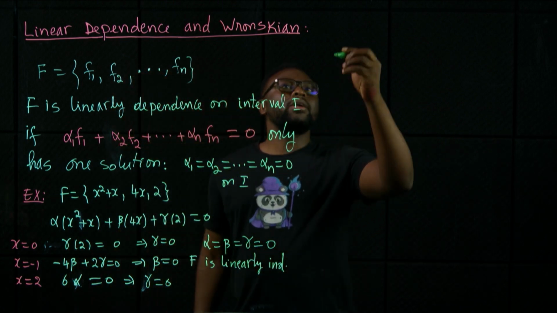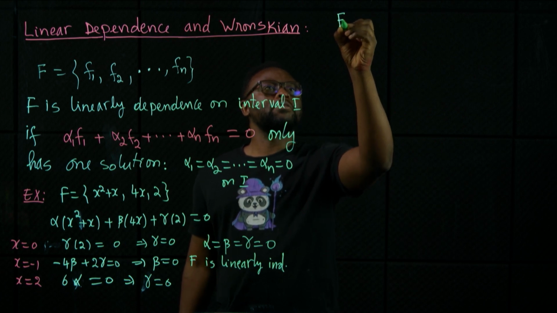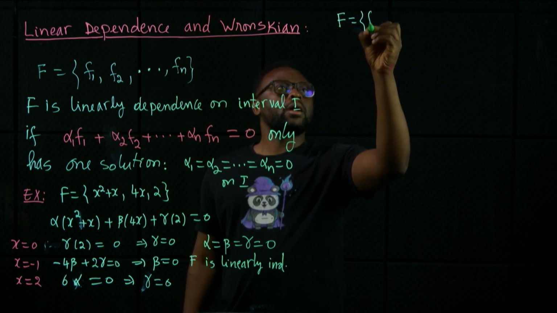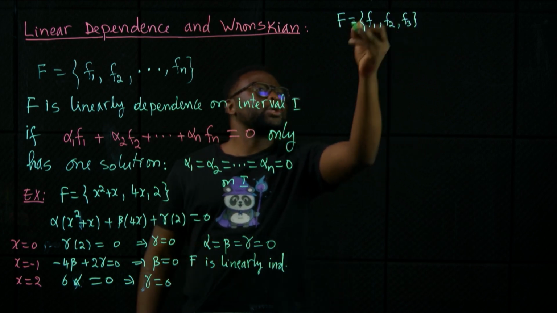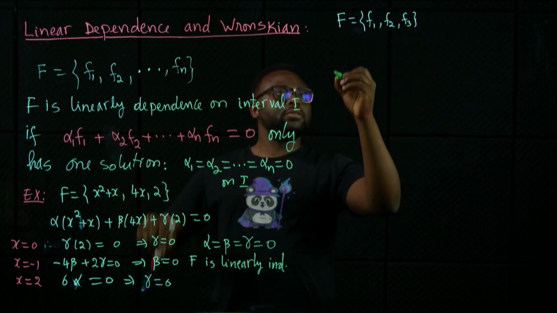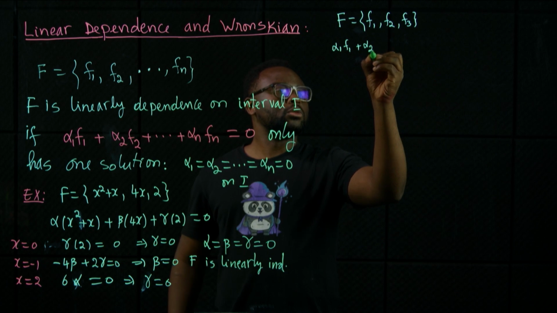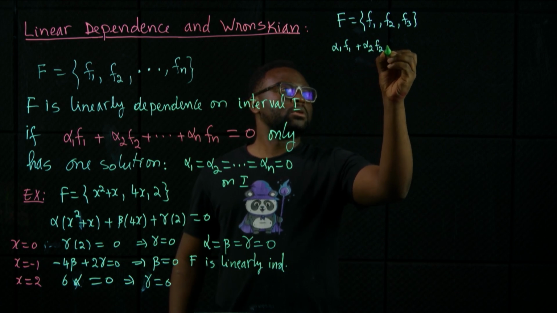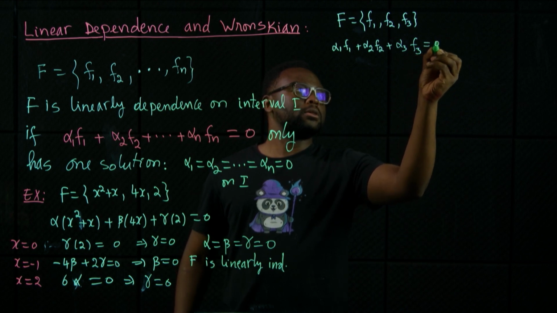All right, now let's consider the case where we have the following set. If you have set F equal to f1, f2, f3, we want to show that this set is linearly independent. By definition, this is alpha 1 f1 plus alpha 2 f2 plus alpha 3 f3 is equal to 0.